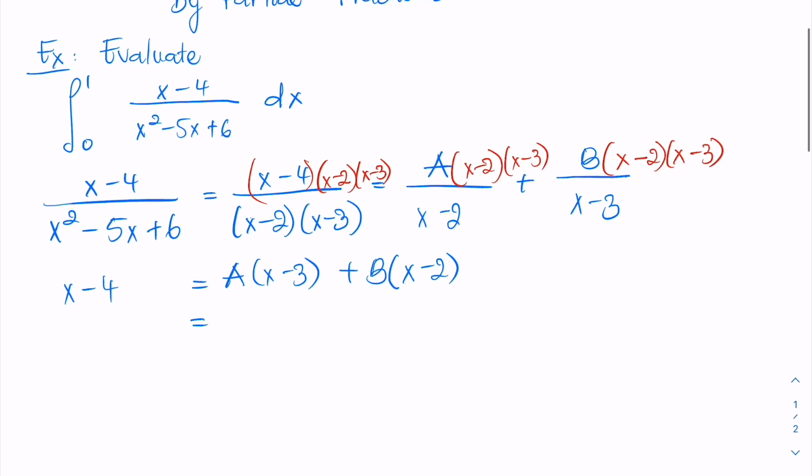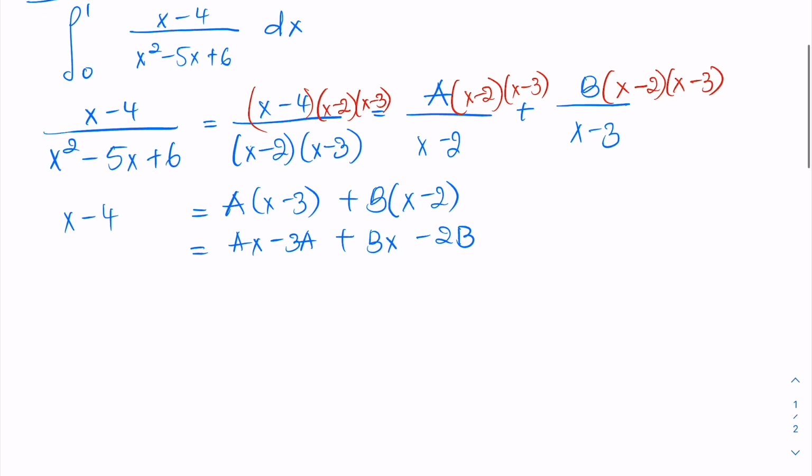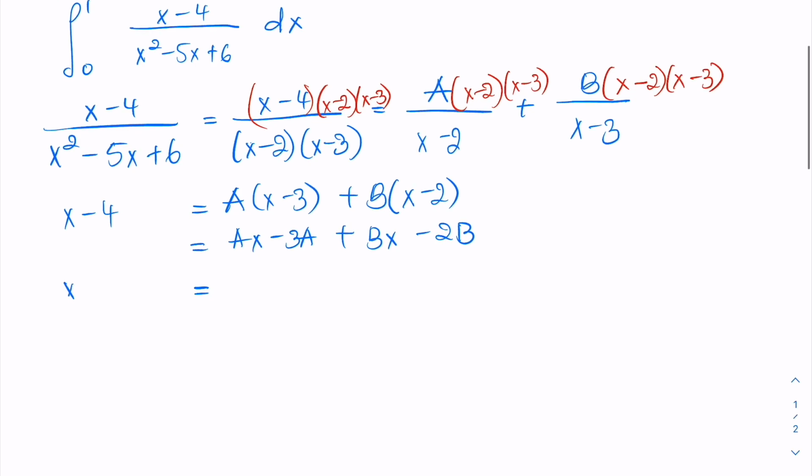I'm going to go ahead and simplify it. So I have Ax minus 3A plus Bx minus 2B. We're going to collect the terms. So I have x minus 4 over here, and over here for the x, I have A plus B. So I collect the term for x, plus negative 3A minus 2B, and that's going to be the constant.